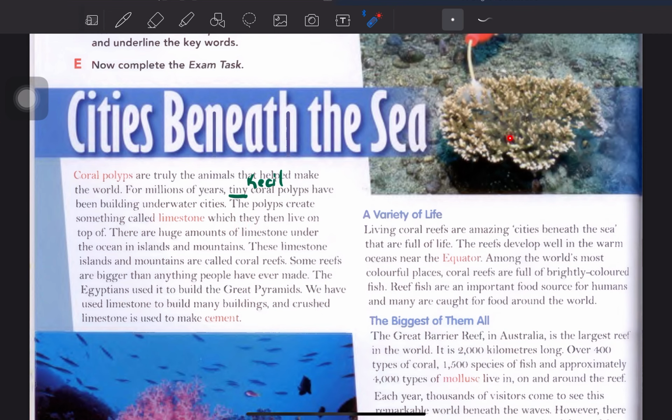So this one. Is it this one? There are huge amounts of limestone under the ocean in islands and mountains. These limestone islands and mountains are called coral reefs. So this one is made of limestone, batu kapur. Coral reefs are terumbu karang.